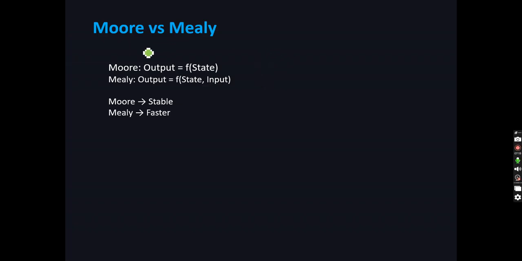See, I said FSMs are mainly classified as Moore and Mealy. Moore machines depend only on the present state, whereas Mealy depends both on the present state as well as the present input. And why are they classified? What's the main difference? Why do we use Moore?